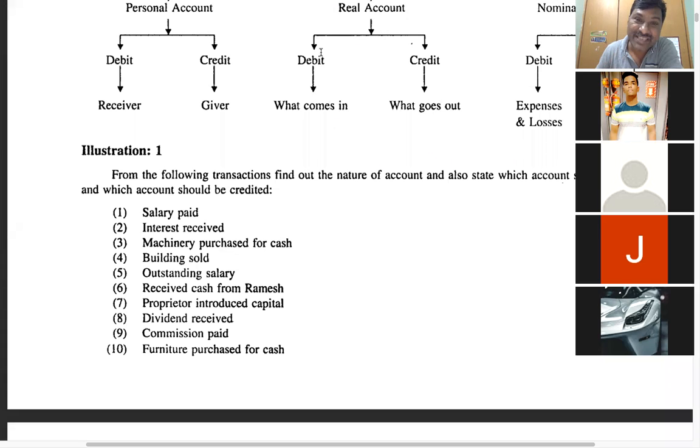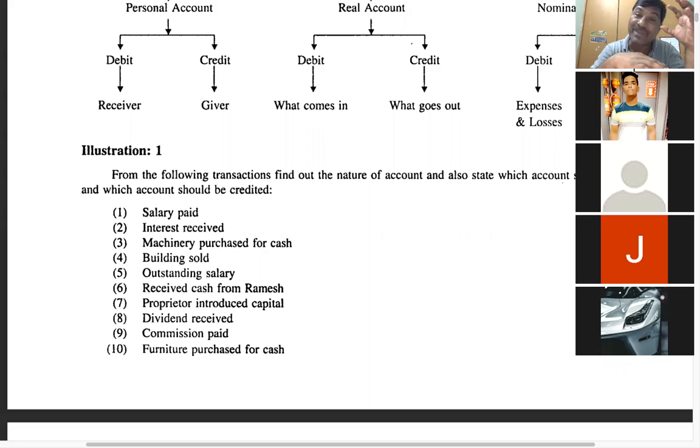When you receive cash, it is coming in. So therefore, debit. Cash account is debited. Interest account is credited. Interest account is the giver of the benefit. Cash account is the receiver of the benefit. Whether it is personal, real, or nominal account, please take it for granted: the account taking benefit will be debited, and the account giving benefit will be credited.